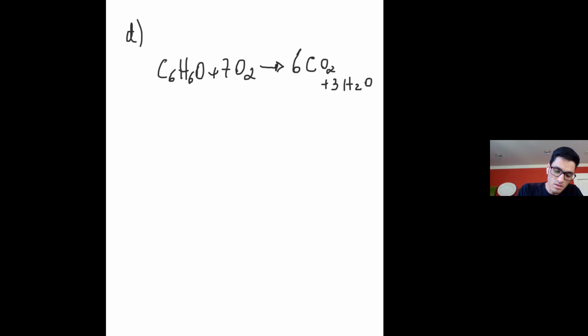And then the next part asks: write possible design modifications to increase degradation of petroleum hydrocarbons. So we basically want this equation to increase the degradation, meaning it needs to move towards the right side, right? Because you want these petroleum hydrocarbons to be degraded.